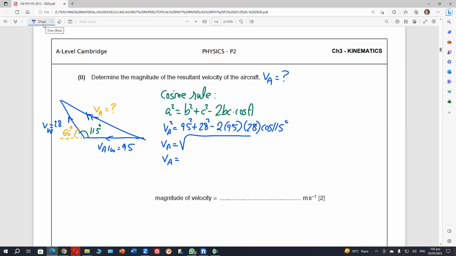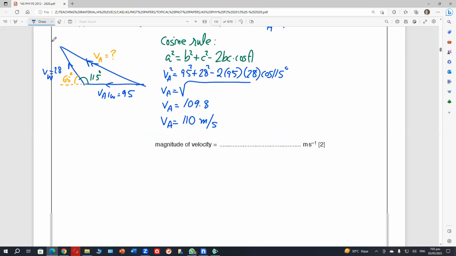It is 109.8. Okay, that looks good. That looks fine because logically it can't be less than 95, because 95 is one side.